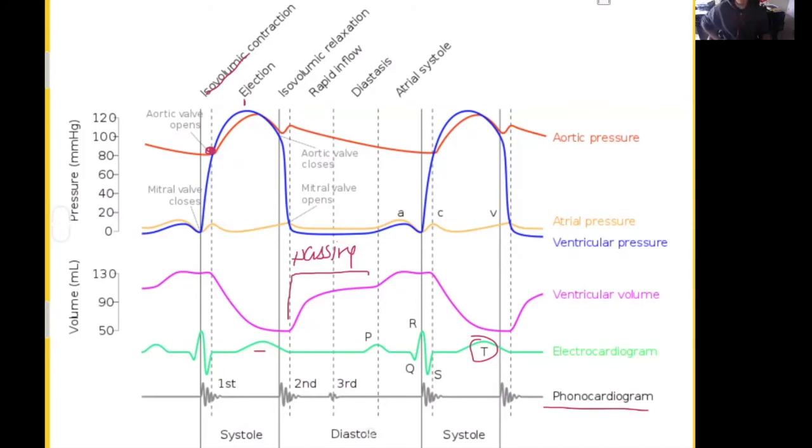Okay, so our P wave, we said, talks about our atrial contraction, leads to the atrial systole. What we haven't mentioned right now is our QRS complex. Now our QRS complex coincides with our ventricular contraction. So we see a pattern here, that the electrical impulse is followed by the actual contraction or relaxation of the muscle.